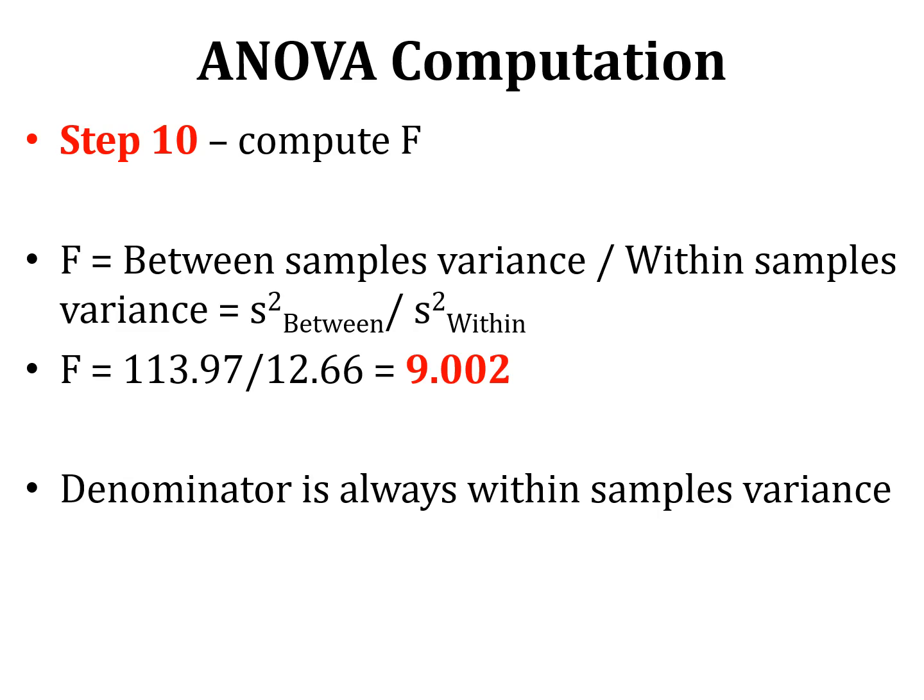Now, one point to remember in this case is that the denominator is always the within samples variance, or in other words, the numerator is always the between samples variance. So therefore, the f-test is one-tailed.